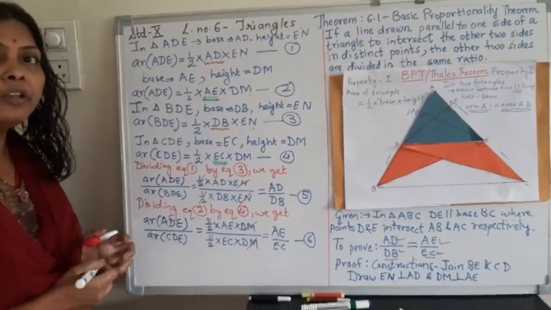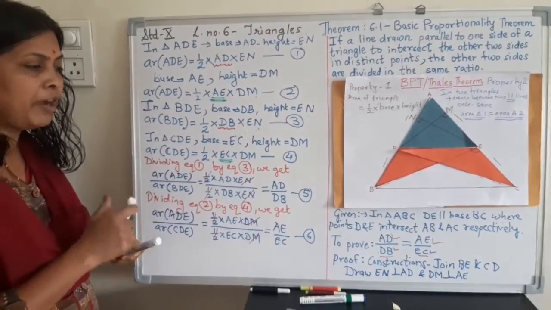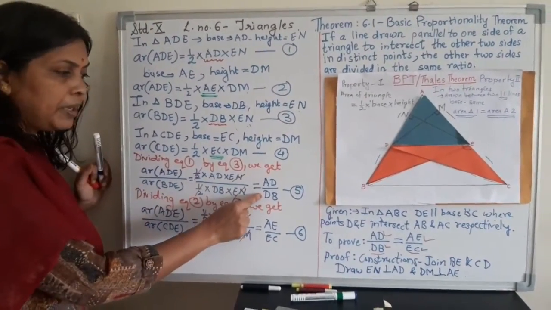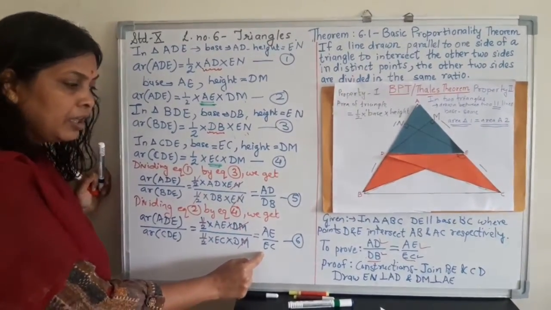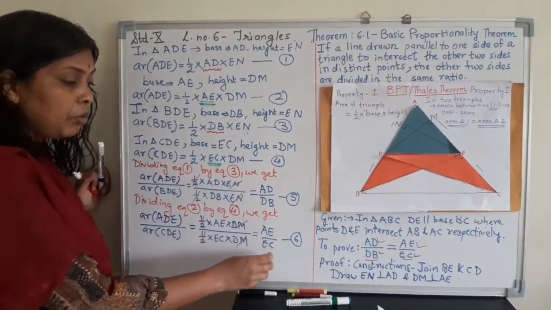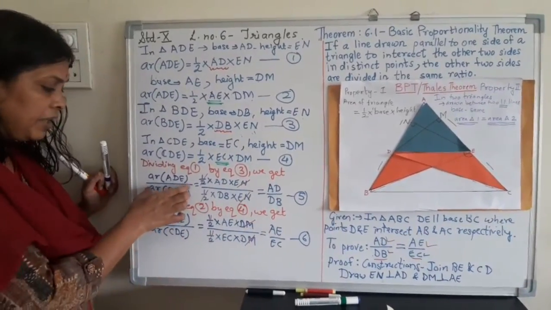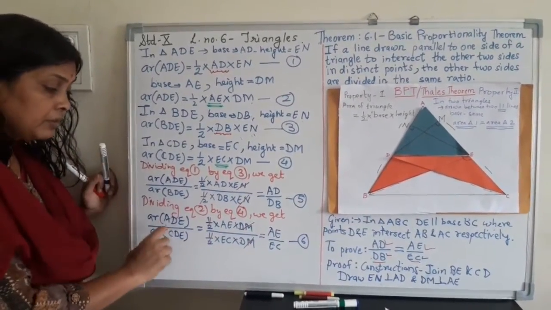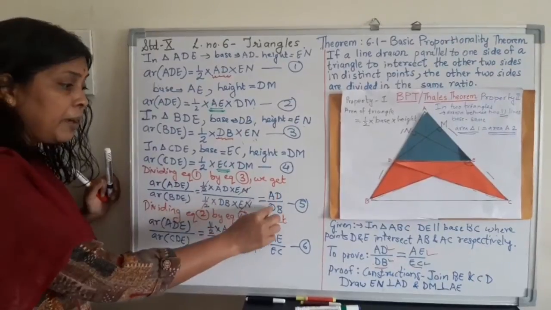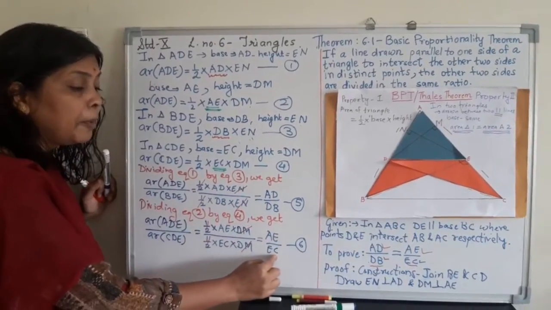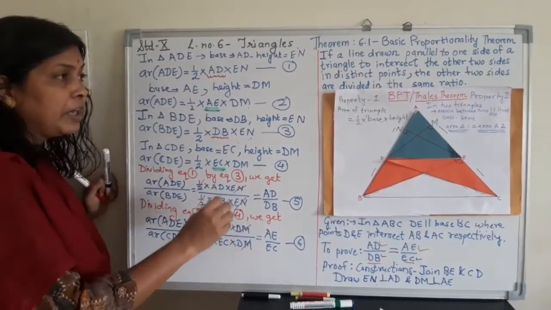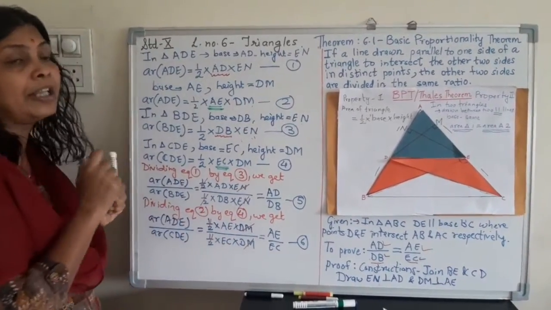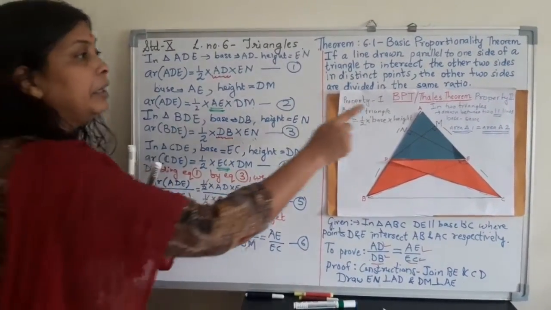Now what we have got, as per what we have to prove, we have got AD upon DB in the fifth equation and AE upon EC in the sixth equation. Even though they are given in this form, we have not yet got AD upon DB is equal to AE upon EC. That we have to prove. And there we are using the second property that we have seen here.